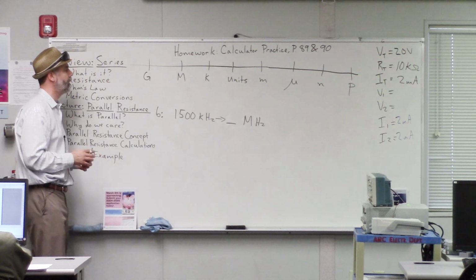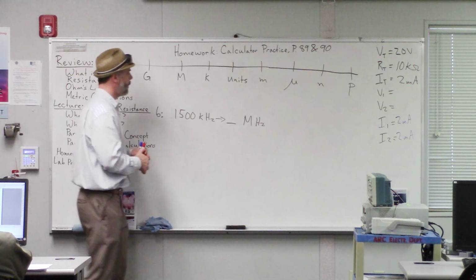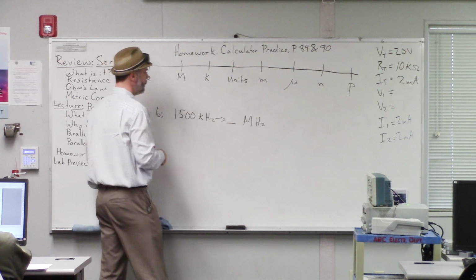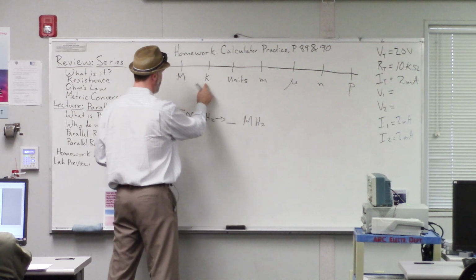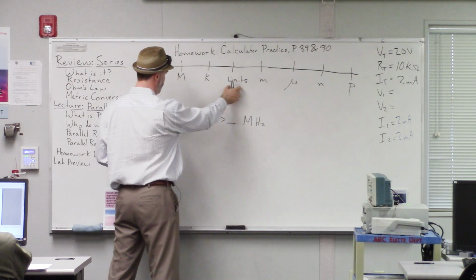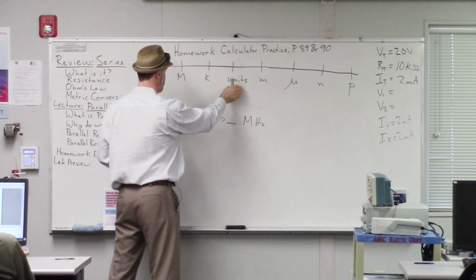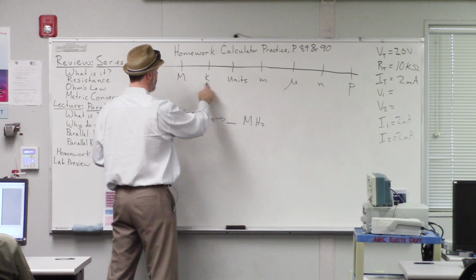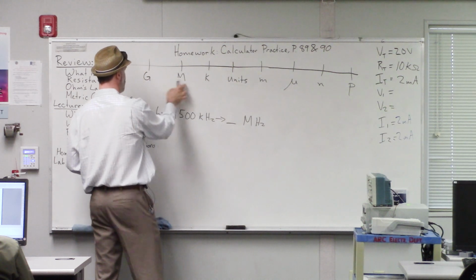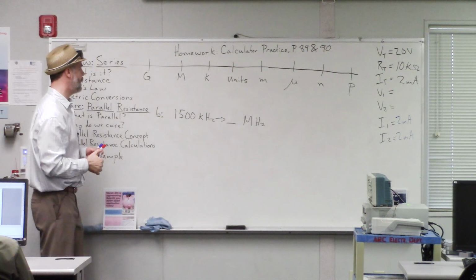We said that the way this number line works is that each place on the left is 1,000 times bigger than the thing to its right. So kilo is 1,000 units, mega is 1,000 kilos, giga is 1,000 megas, and so on.